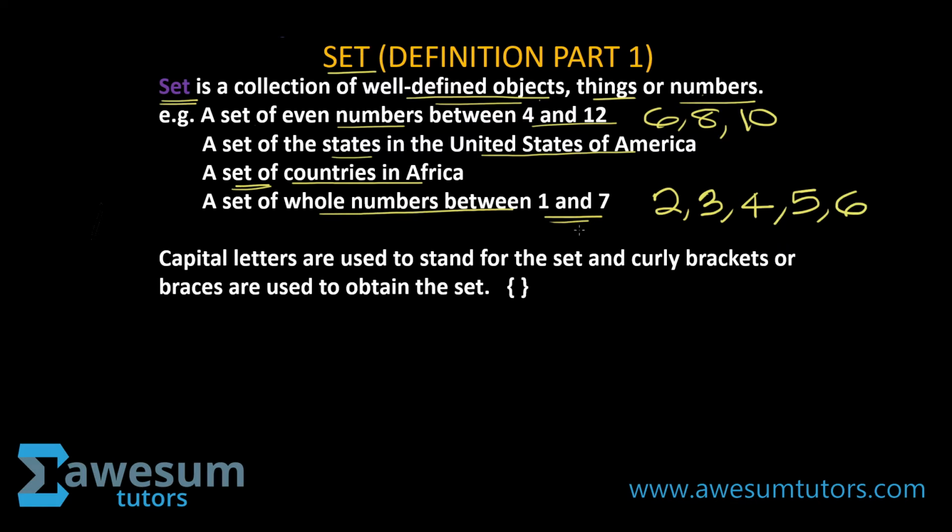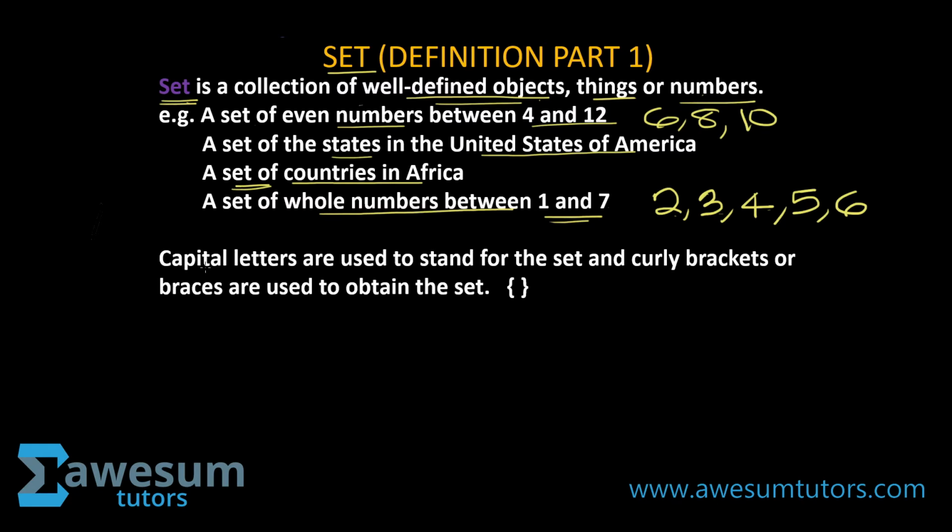That means you have a set of these numbers 2, 3, 4, 5, and 6. That's the set of whole numbers between 1 and 7, which is why we said a set is a collection of well-defined objects, things, or numbers.